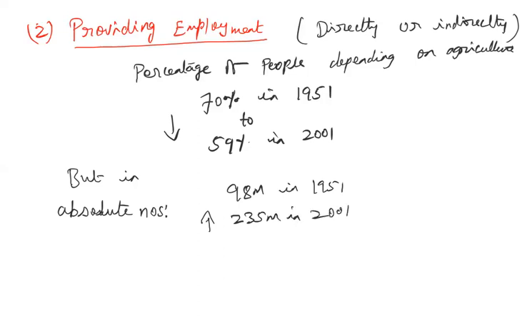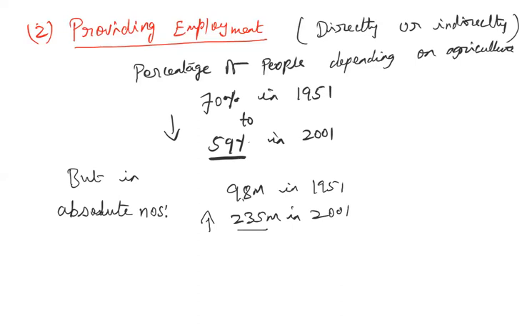Understand now? Even though percentage-wise it decreased to 59%, from 98 million it has increased to 235 million people depending on agriculture. So that shows that agriculture still occupies the major source of livelihood for the majority of the population in our country.